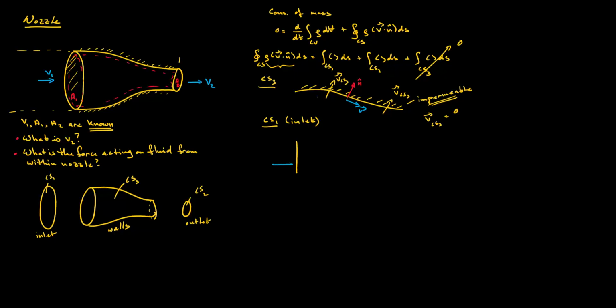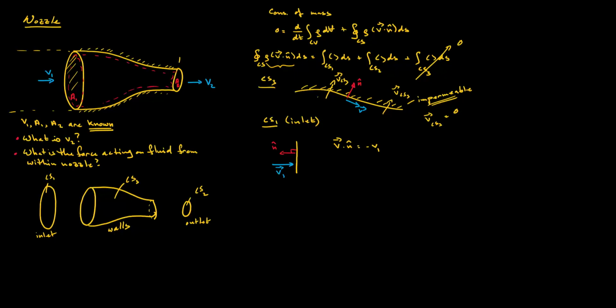We have the velocity, which we call v1, and we have the unit outward normal like this. Okay, and again, these are always perpendicular to the surface. So again, as you can see in the mass fluxes, the mass flow rates here, we have a v dotted with n, which will look like negative v1.